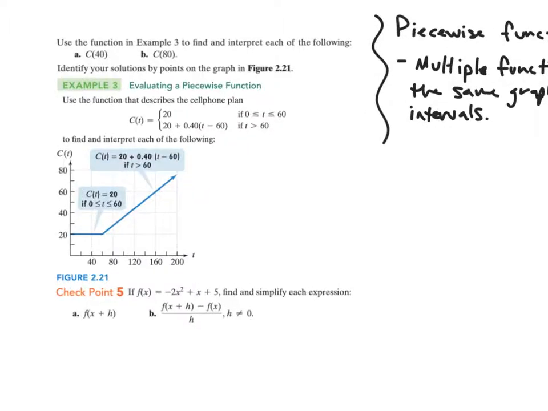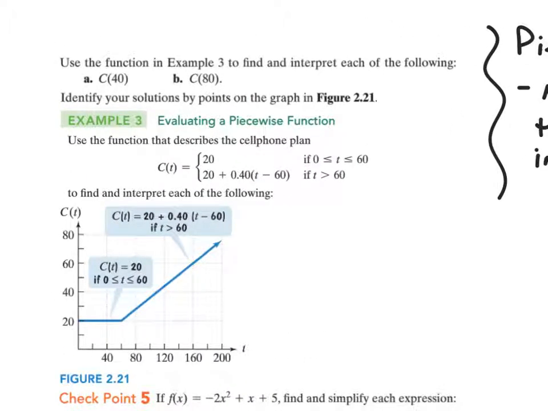So what I want to do is take a look at this piecewise function here and its graph. What I have is c of t is equal to 20, the function 20, which is a horizontal line through 20, if t is between 0 and 60.